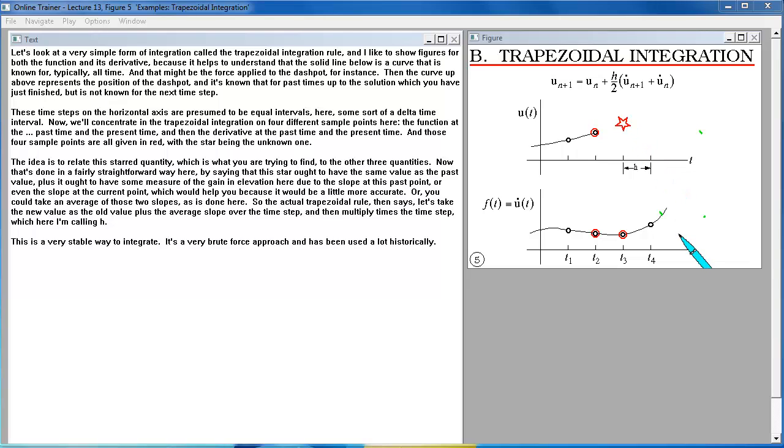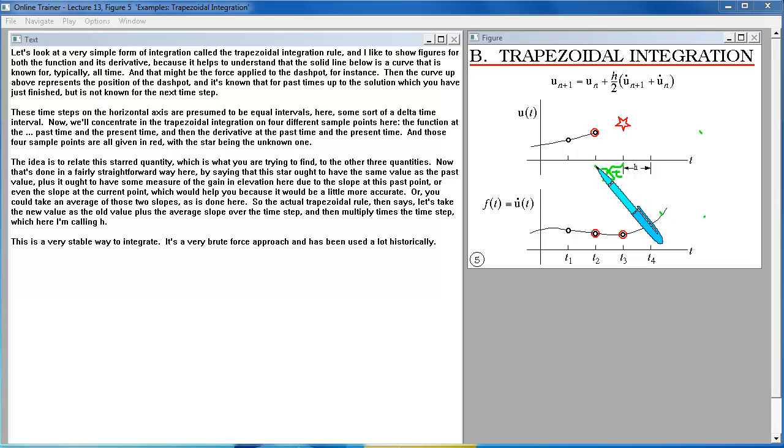These time steps on the horizontal axis are presumed to be equal intervals here, some sort of a delta time interval. Now, we will concentrate in the trapezoidal integration on 4 different sample points here.